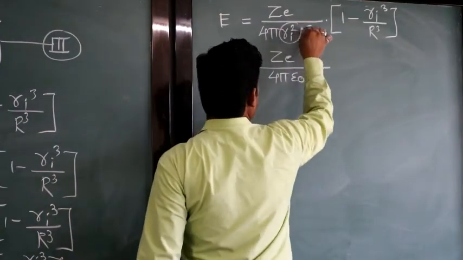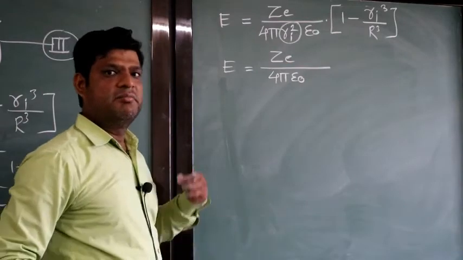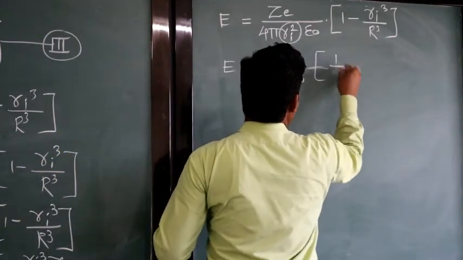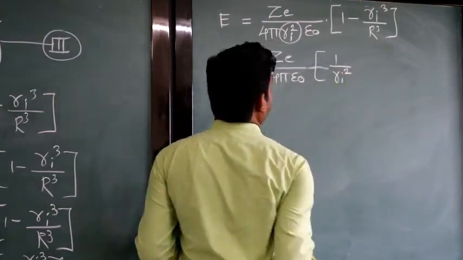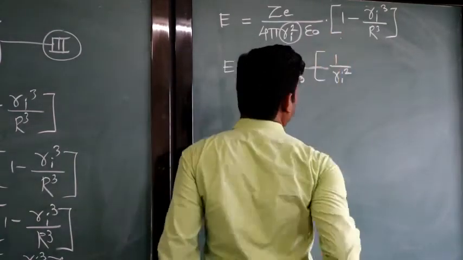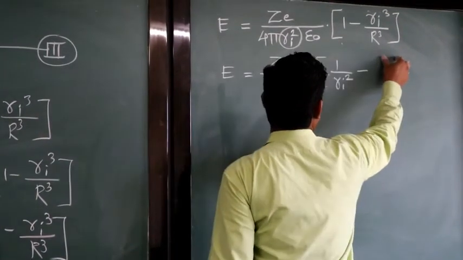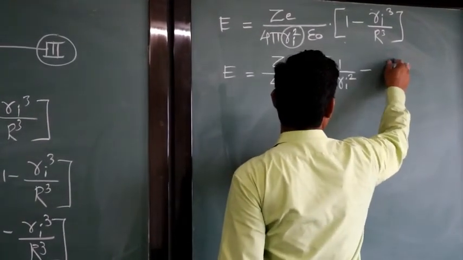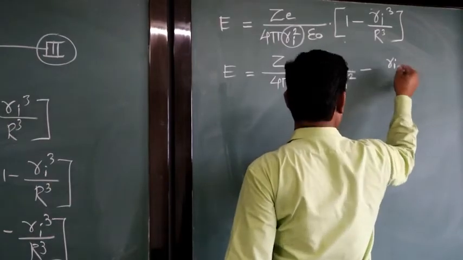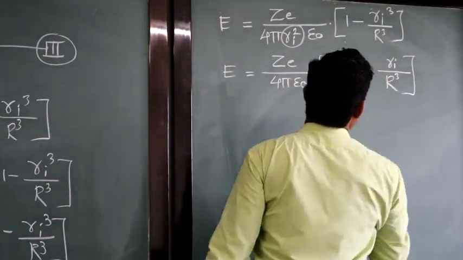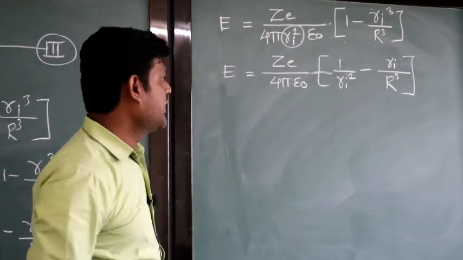Now we multiply this ri square inside the bracket. So 1 by ri square, minus ri square times ri cube over R cube, so only ri remains over R cube. So this is your final equation.